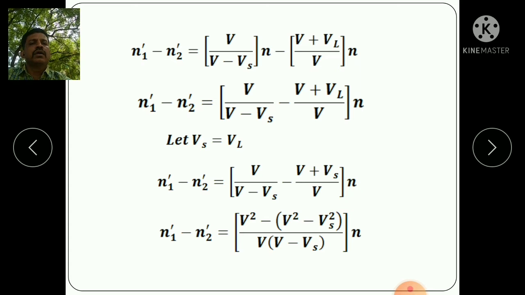Therefore n1 dash minus n2 dash equal to [v upon (v minus vs) minus (v plus vs) upon v] into n. Taking cross multiplication, we get v square minus (v minus vs) and (v plus vs). The product of (v minus vs) and (v plus vs) is v square minus vs square. Therefore, v square minus in bracket (v square minus vs square) upon v into (v minus vs) into n.